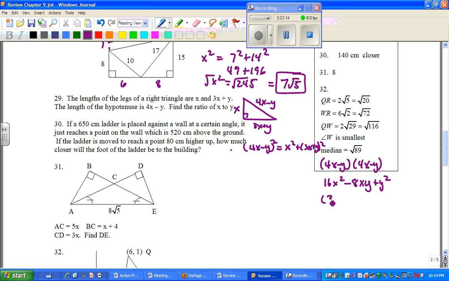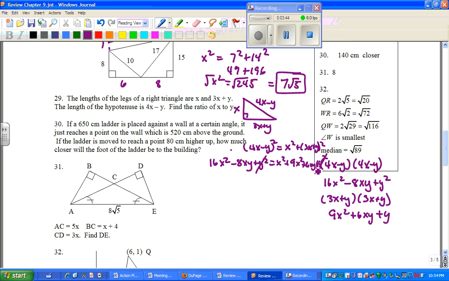When you FOIL 3x plus y and 3x plus y, you're getting 9x squared plus 3xy plus another, so that's plus 6xy plus y squared. Okay, now when I rewrite it as 16x squared minus 8xy plus y squared, and we got x squared plus 9x squared plus 6xy plus y squared.